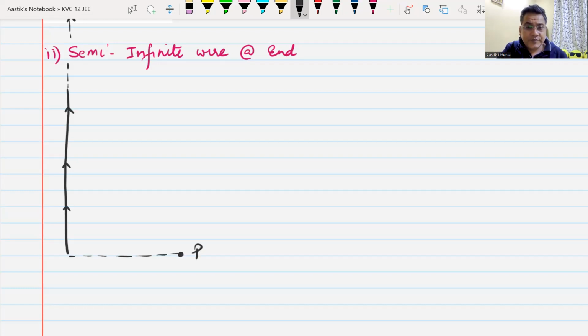So this is the point P, where we are supposed to find the magnetic field. The current in the wire is I. This distance is given as R. This is again a special case of the previous one. What will be the magnetic field at the point P?